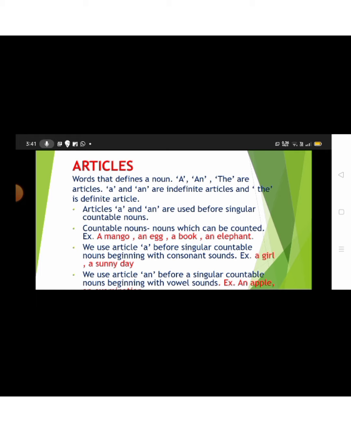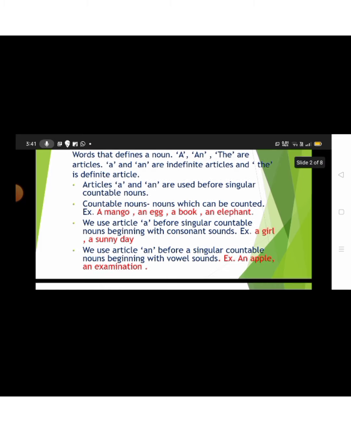We use article a before singular countable nouns beginning with a consonant sound, like a girl, a sunny day. And we use an before a singular countable noun beginning with a vowel sound, like an apple, an examination, an egg, an elephant. Clear, children?